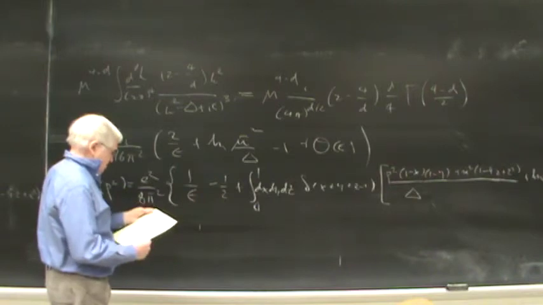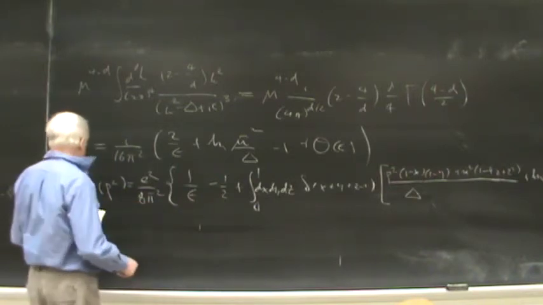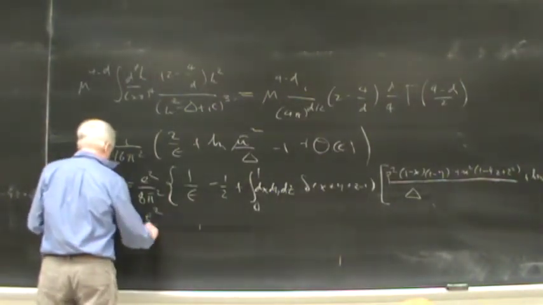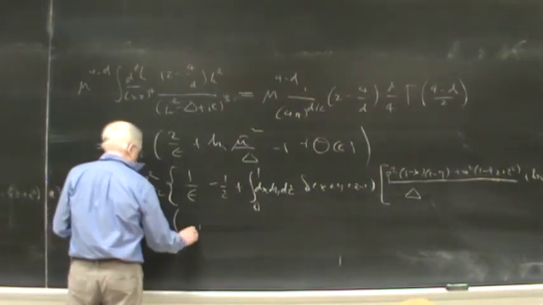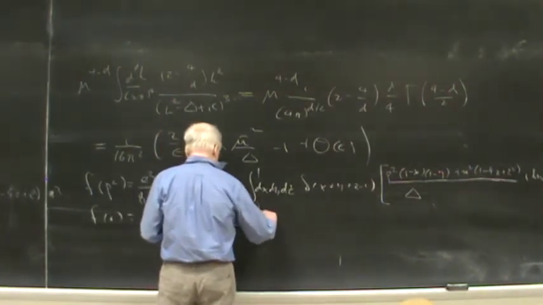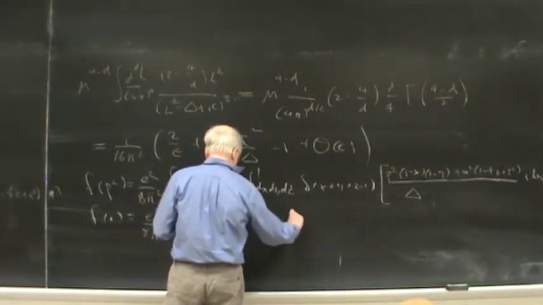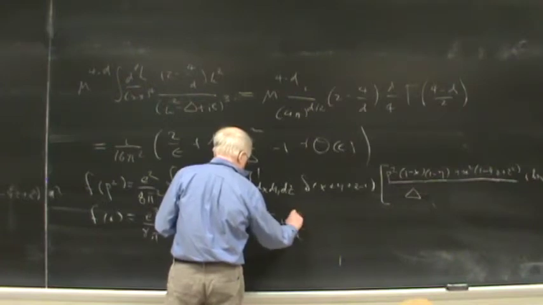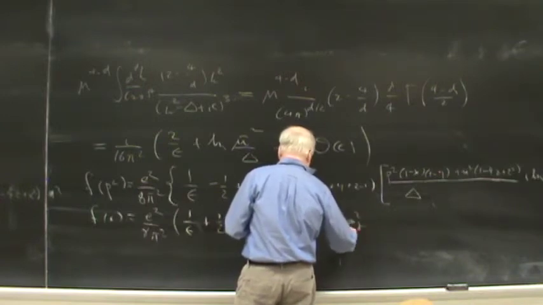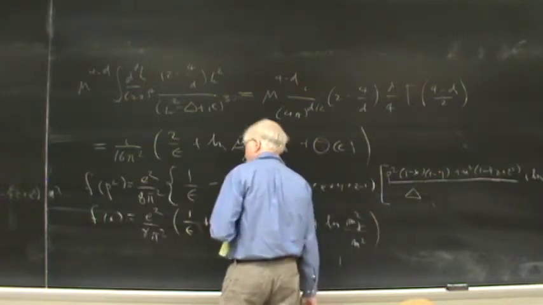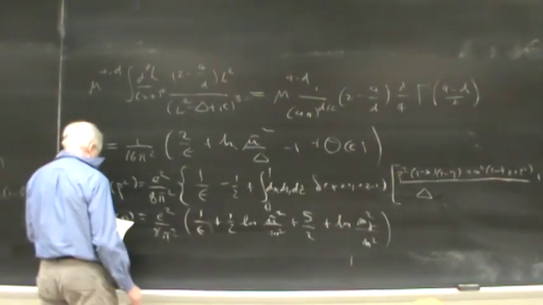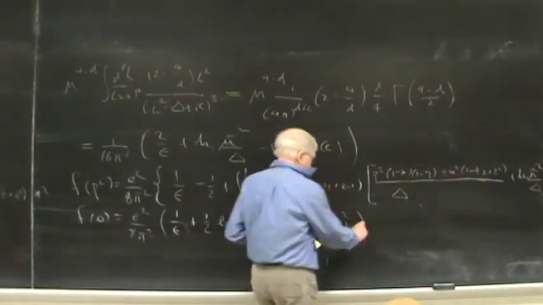What we do then is we say in particular that f of 0 is e squared over 8 pi squared, and this turns out to be 1 over epsilon plus a half log mu tilde squared over m squared plus 5 halves plus log gamma squared over m squared. So that's what f of 0 is, and it has to be minus delta 1.